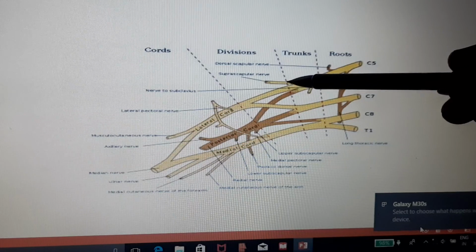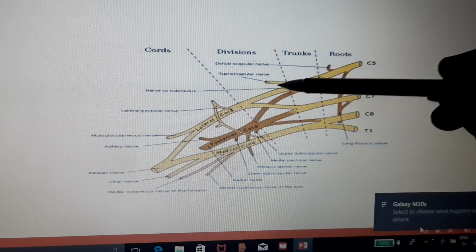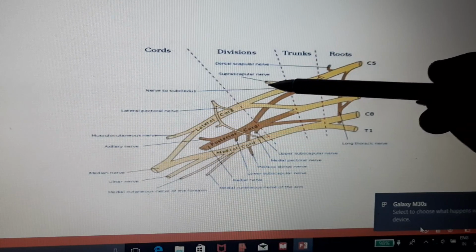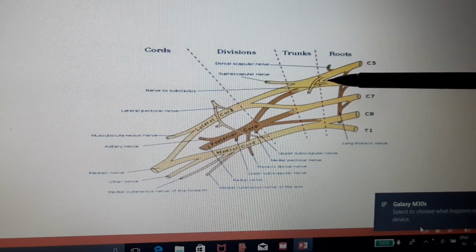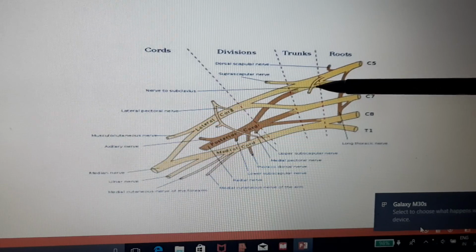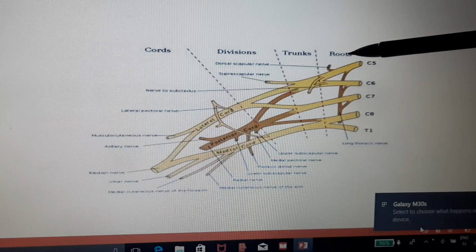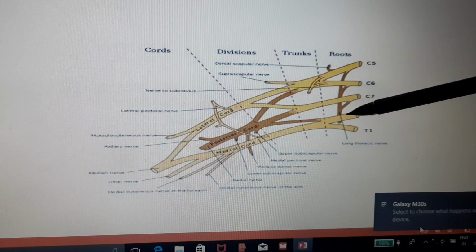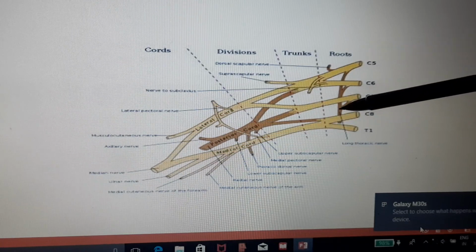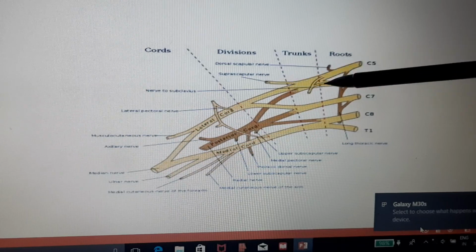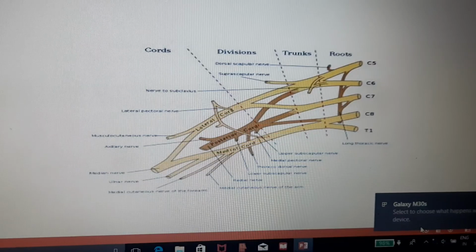The suprascapular nerve runs along with the upper trunk and vanishes under the trapezius muscle. We should also search for the nerve to subclavius. So in the posterior triangle of the neck, we have to search for the roots, trunks, long thoracic nerve, dorsal scapular nerve, suprascapular nerve, and the nerve to subclavius.